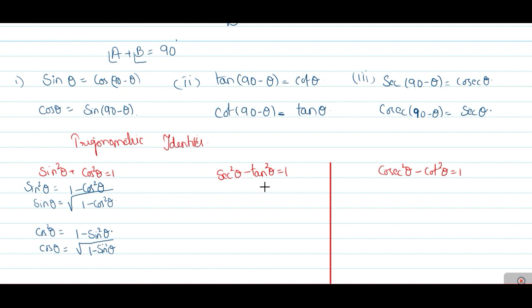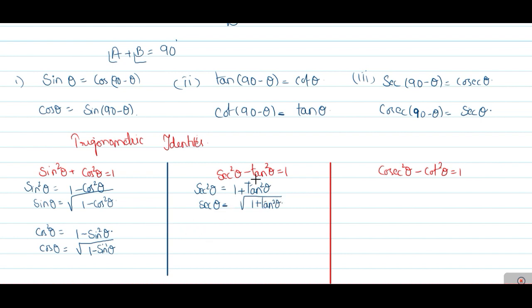Similarly, if I transpose tan square theta to the RHS, we get secant square theta is equal to 1 plus tan square theta. Now, if I want to find just the secant theta value, the square will be transposed and it will become a square root: secant theta is equal to the square root of 1 plus tan square theta.